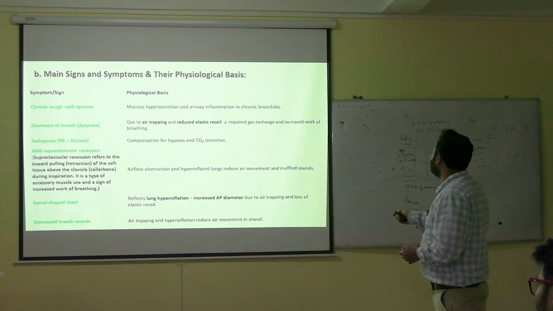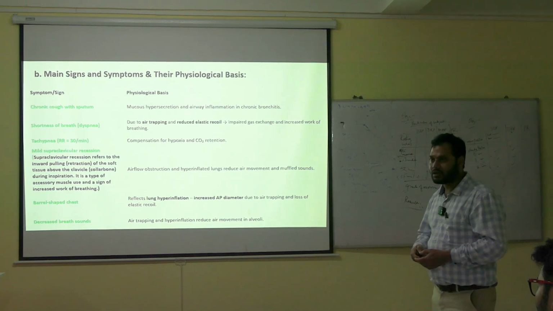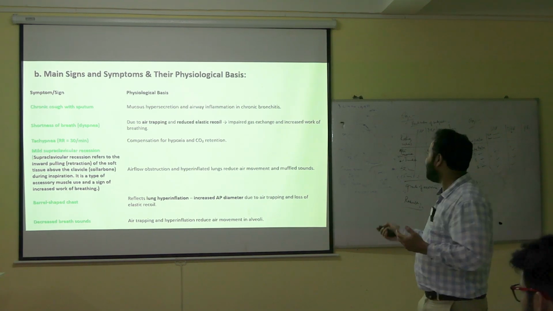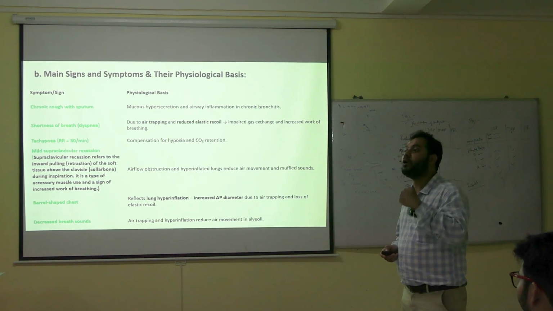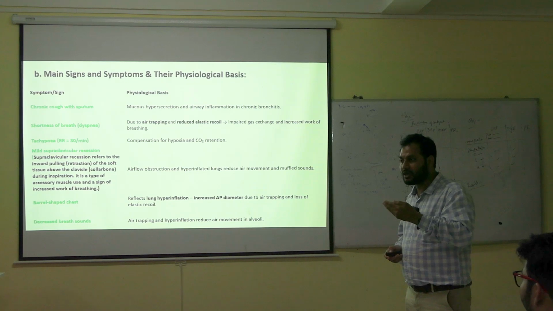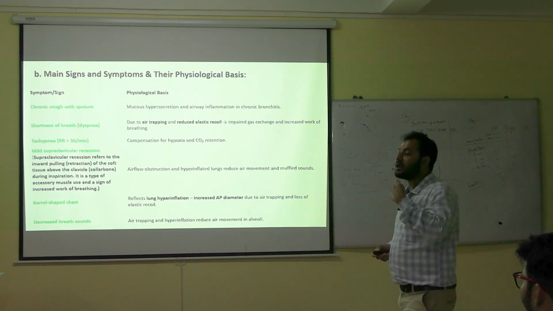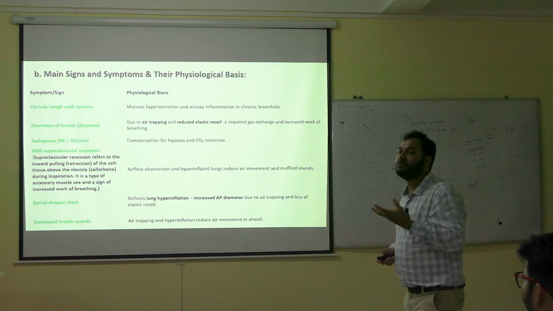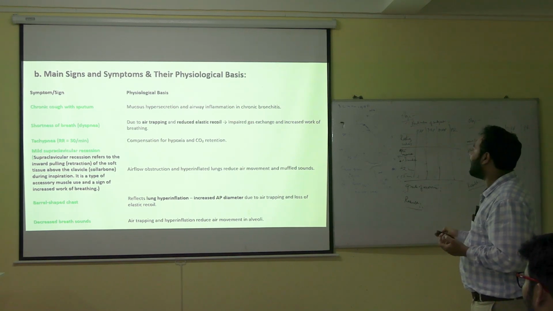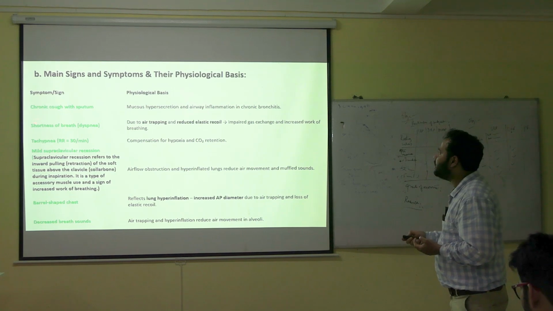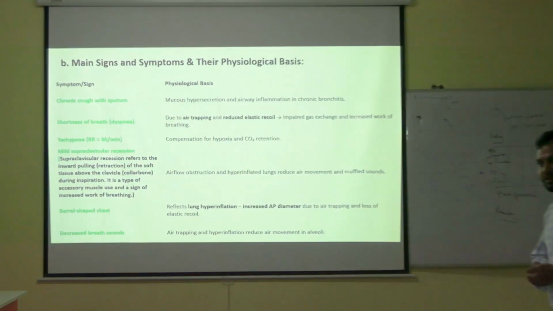See here, increased work of breathing. Why? Obviously, to maintain proper gas exchange, the patient needs to breathe more efficiently, and for efficient breathing, it needs more energy. So, yes, increased work of breathing is required, and this increased work of breathing leads to shortness of breath.